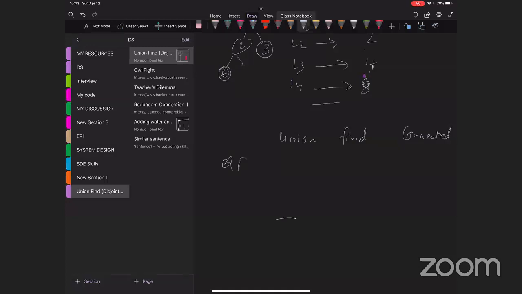In quick find, union was n, but find was fast. In quick union, we had everything kind of n. Find can be n, but it depends on the tree structure and the data input. Quick union is 1, right?